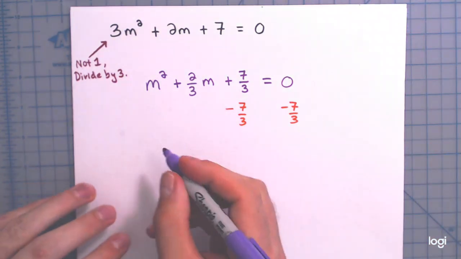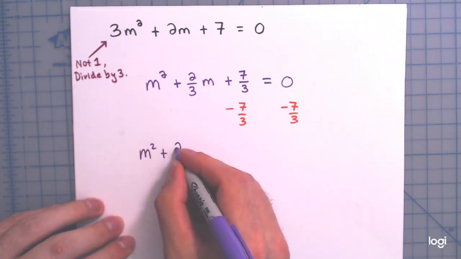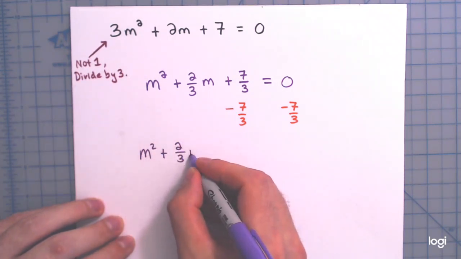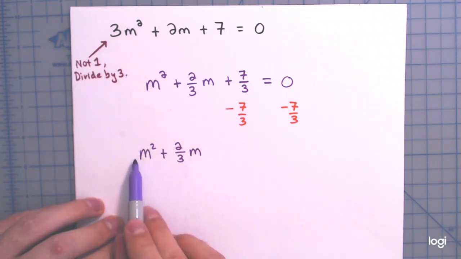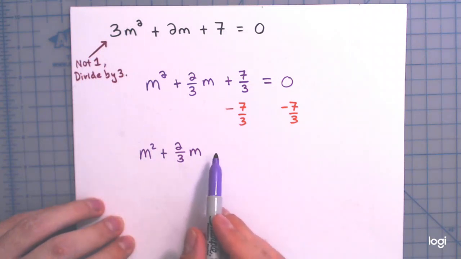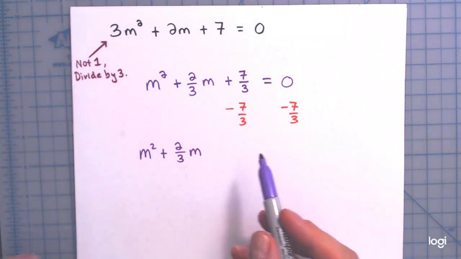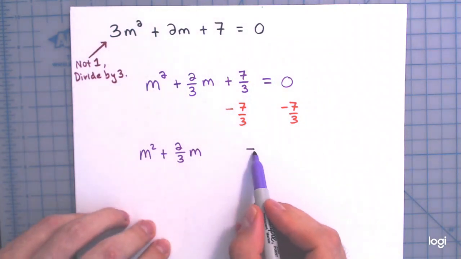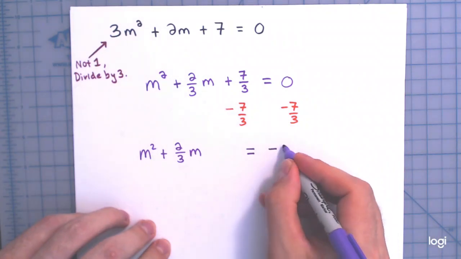That leaves me with m squared plus 2/3 times m. And then just as before, because this square term has a coefficient of 1, I can complete the square. We're going to be adding something to this to make a perfect square trinomial. So I'm going to leave a little space, equals, and then over here 0 minus 7/3 is negative 7/3.